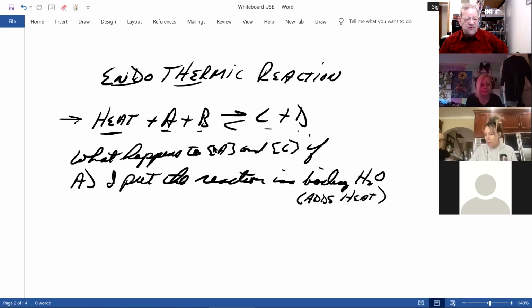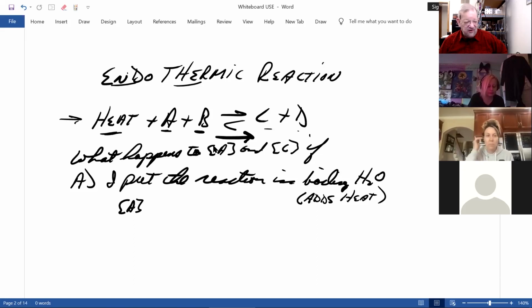Heat reacts with A plus B to go this way to make more C and D. If I react heat with A and B, A is consumed. When something reacts, it's consumed. And if something is consumed, do you have more or less?